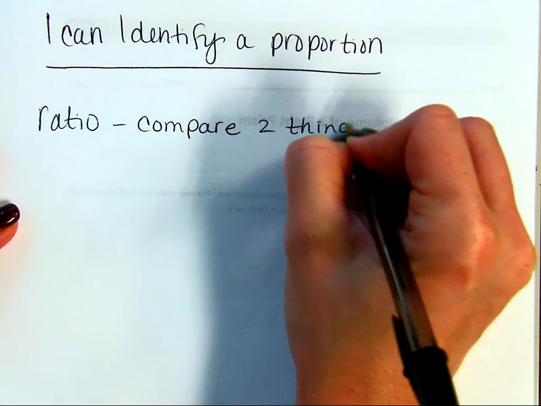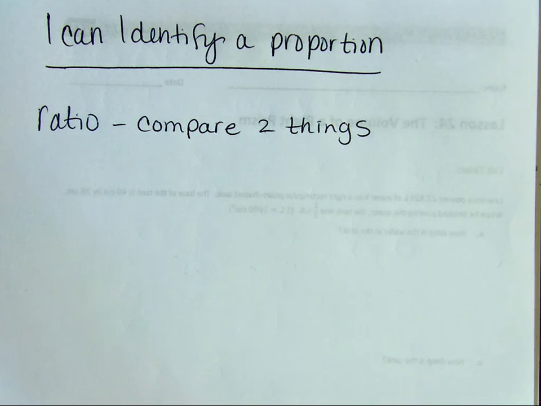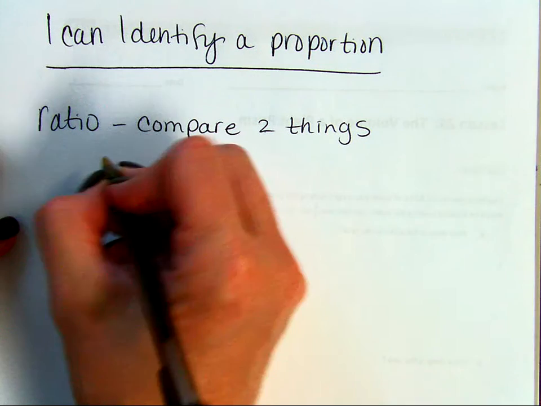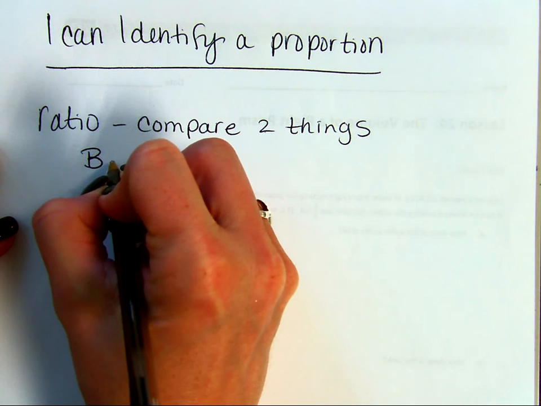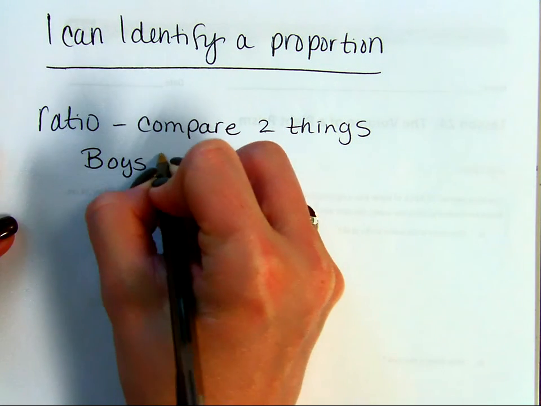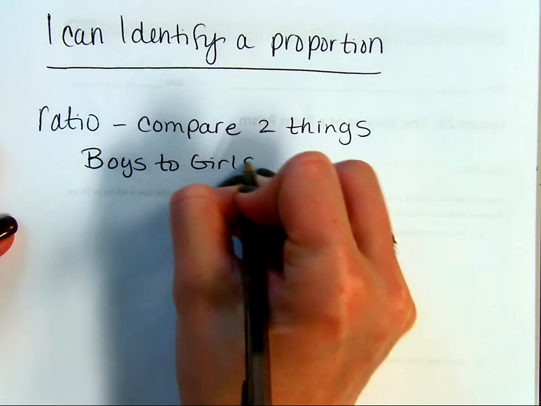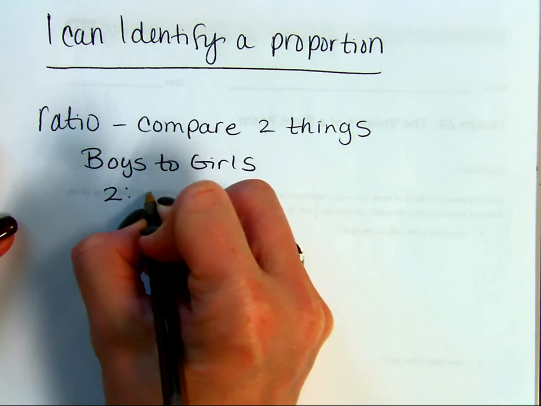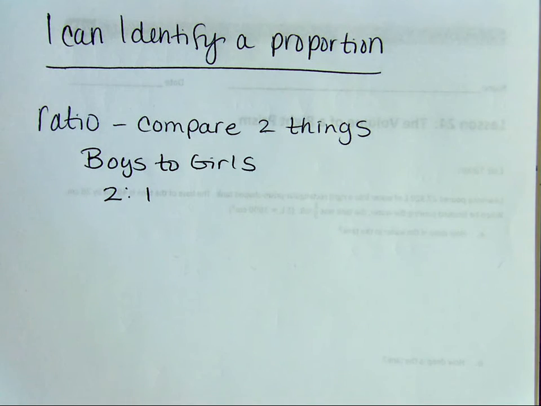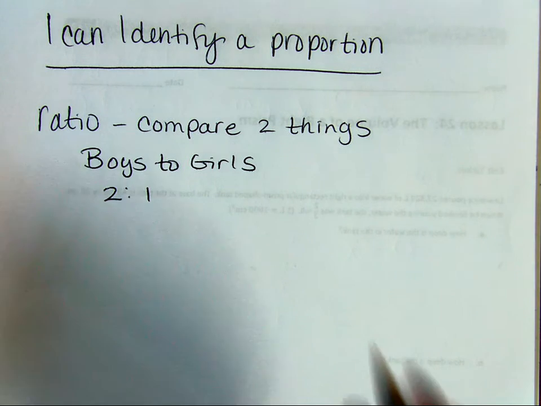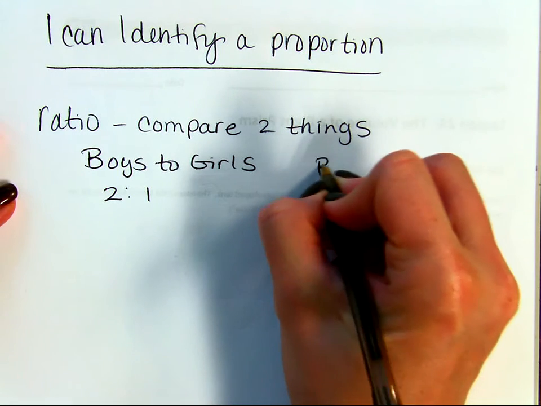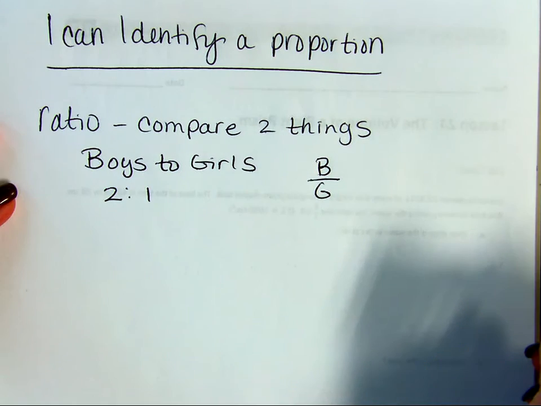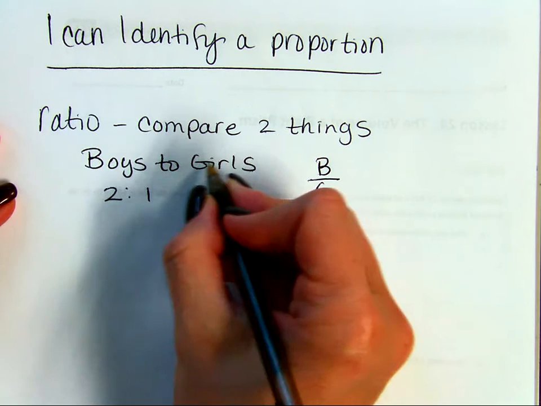Okay? So, if I were to say to you the ratio of boys to girls in this class is 2-to-1. So, for every 2 boys in the class, there's 1 girl. Okay? You know that you can write it like this as a fraction, or with the word, right?